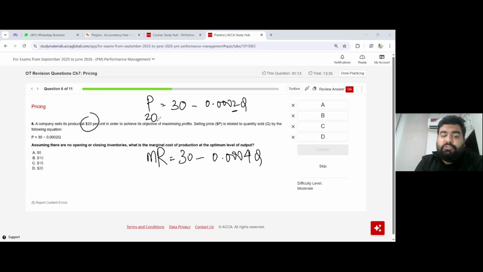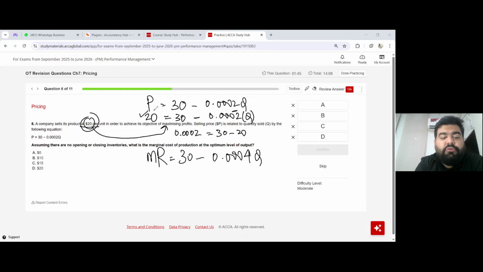First we will calculate this quantity. They have already given the optimum price, because they know that if it sells at 20, it will achieve the objective of maximizing profit, which means the price is set. According to that price, we will calculate the quantity. So 0.0002 Q is equal to 30 minus 20.